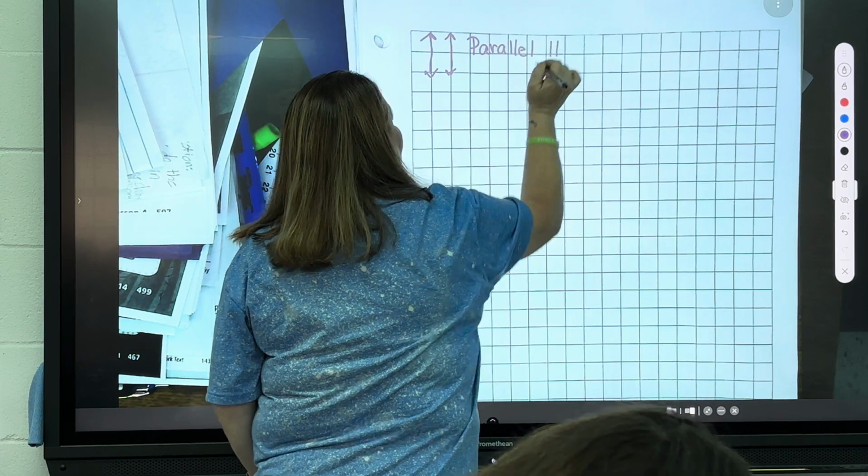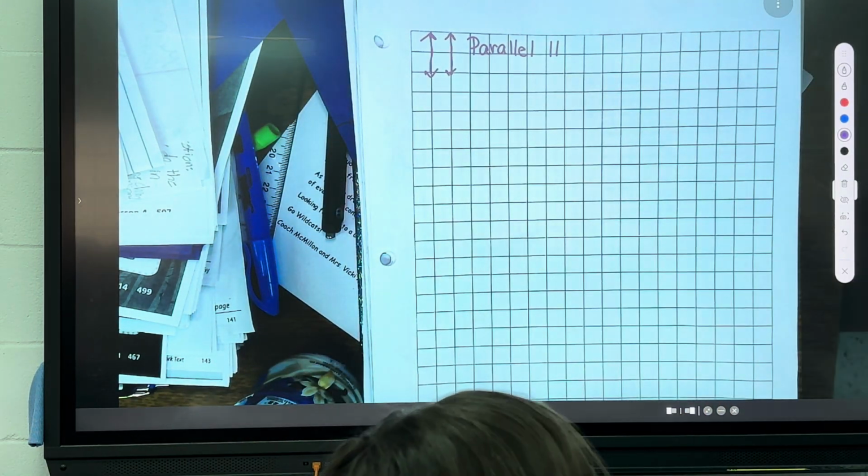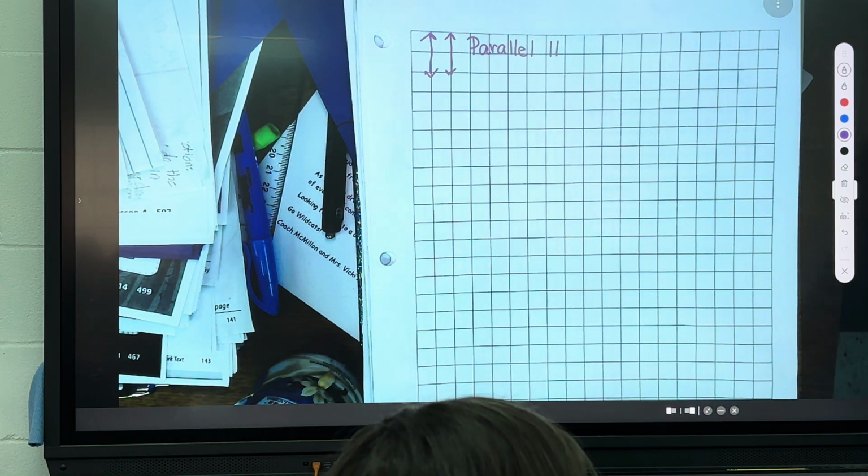When I think of parallel lines, I think of the yellow center stripe on a highway. When you have the double yellow lines, they are supposed to stay the same distance apart and never cross.